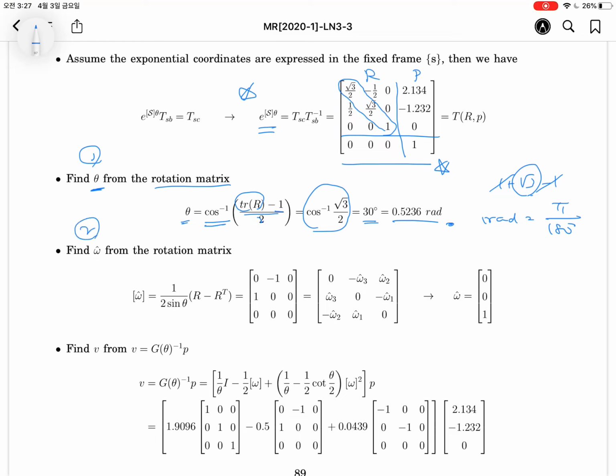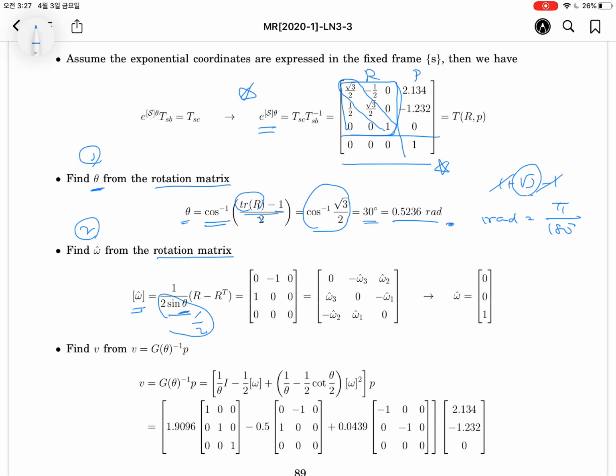The second one is to find the rotational axis from the rotation matrix. This rotation axis can be extracted from the rotation matrix: R minus R transpose over 2 sine theta. We know theta. Sine theta will be 1 over 2.